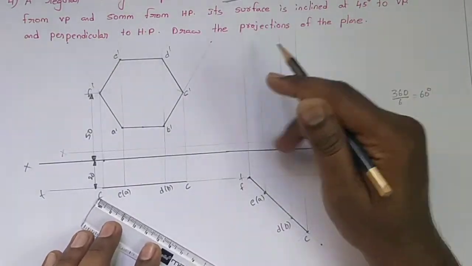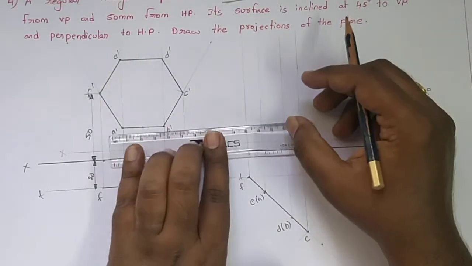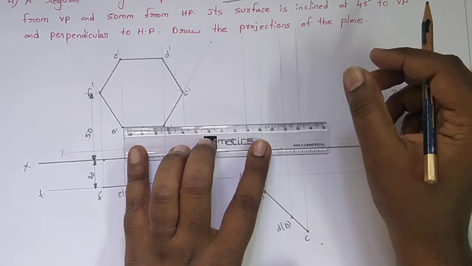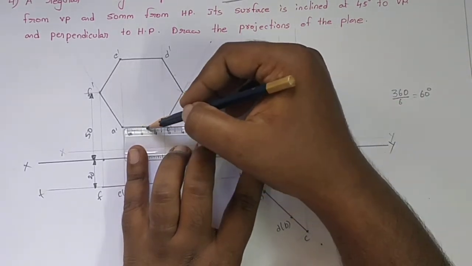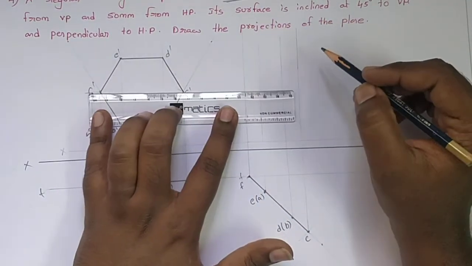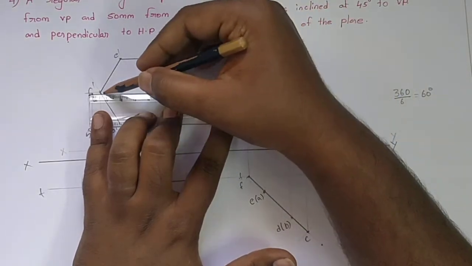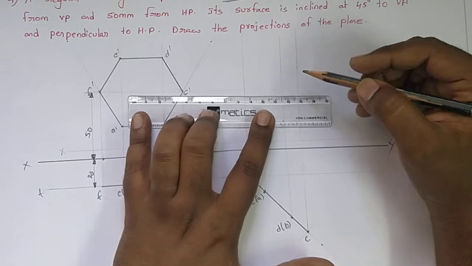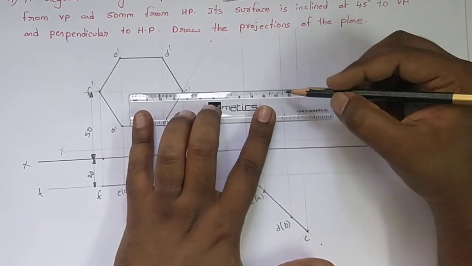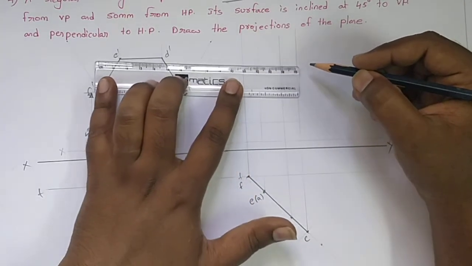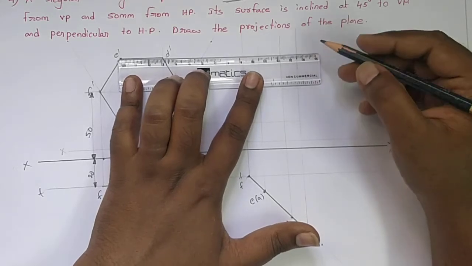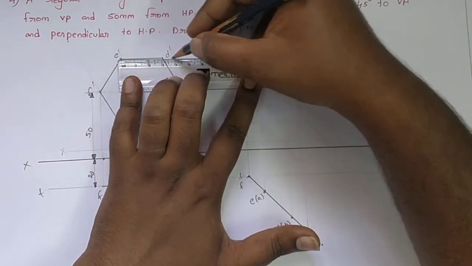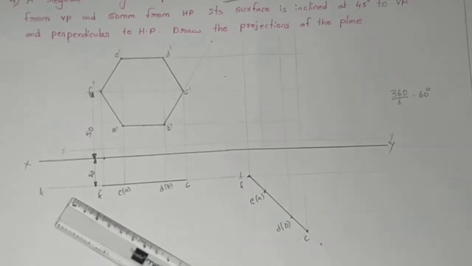Okay, now completed vertical position from every point. Similarly, we need to draw the horizontal positions, and F and C are in the same plane, so both come in the same point. Next, similarly, E and D are in the same plane, so okay, now completed all the position lines.